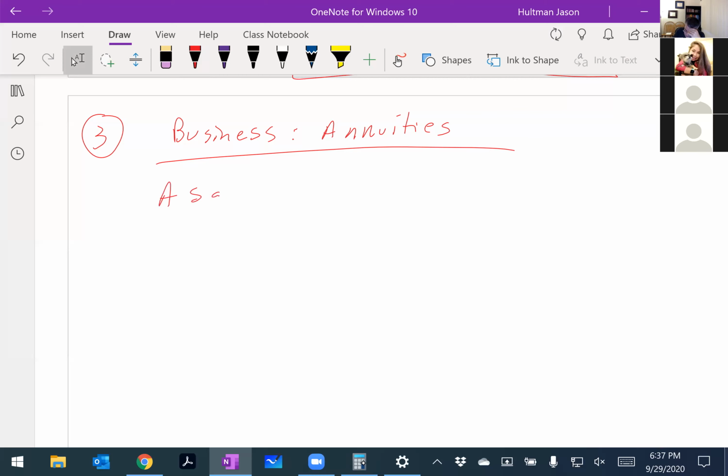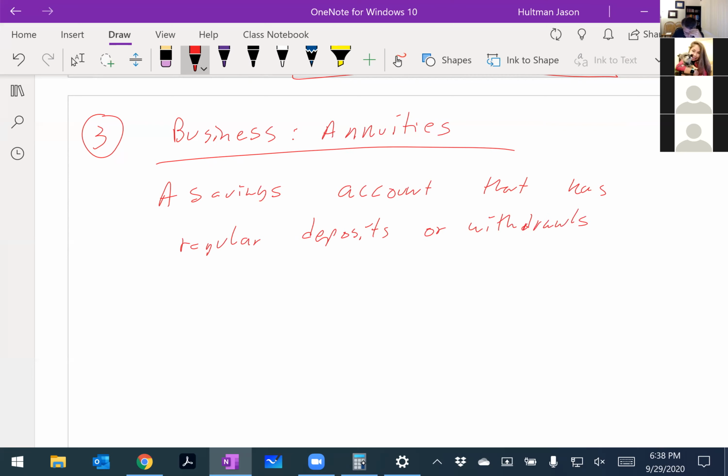Okay, so a savings account that has regular deposits or withdrawals of equal size is called an annuity.